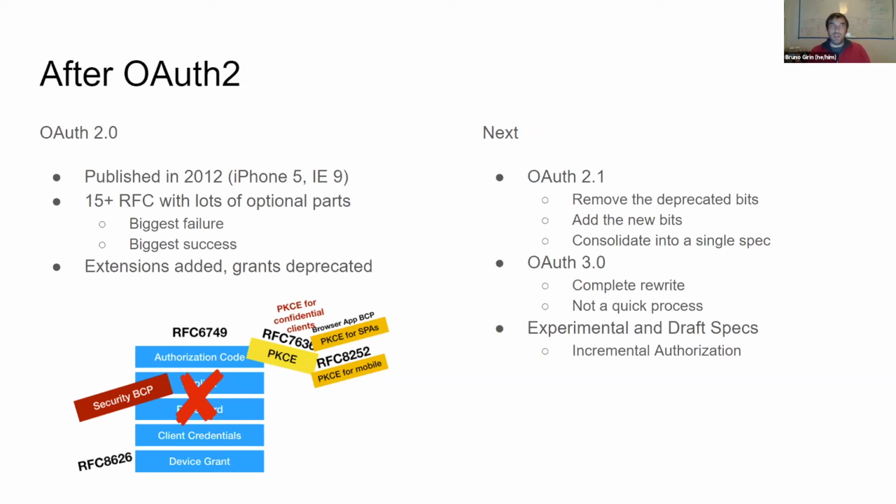It's basically the concept that you don't need to ask for everything on the first query. So if you use Google as an OpenID Connect provider, what you can do is just log into Google with a basic OpenID scope that gives you user identity.